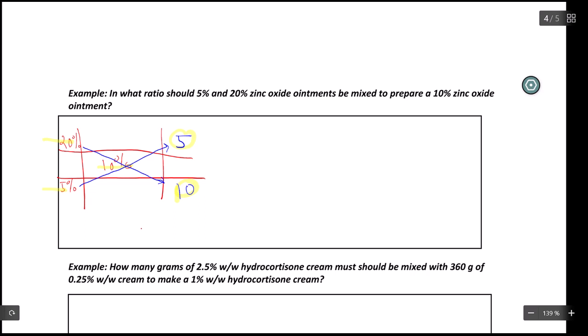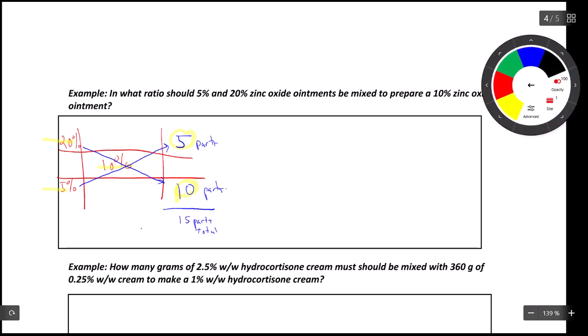And the last thing that I would do is put down here the total of these, which is 15. And I'm going to put the words parts total. All right. Parts sounds scary, but don't worry. It's not that bad. What it's saying is that I am now going to read this across.